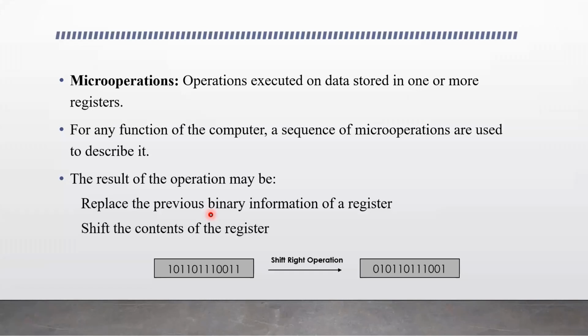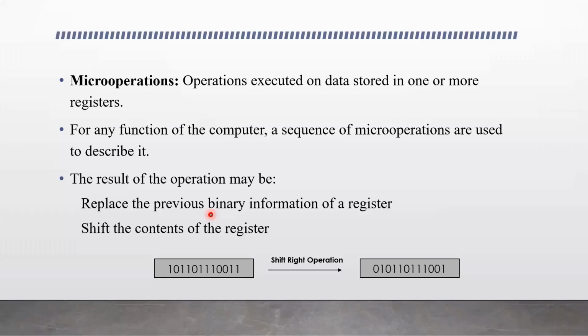So whatever previous information was in the third register needs to be replaced by the new content, that is, the result of the two registers we have taken. Or sometimes the result may be stored in one of these registers. If A and B are added, the content of A needs to be replaced with the result of the addition of A and B.